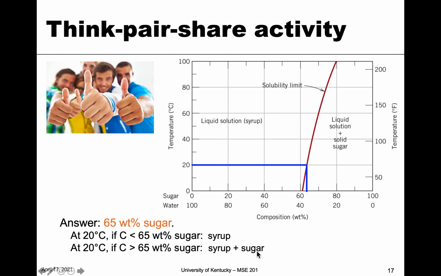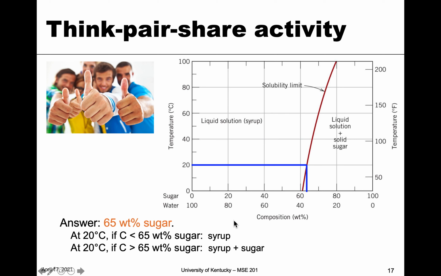And I do want to make the one caveat here because you might have had this happen. Again, keep in mind, this is an equilibrium diagram, so you wait long enough for these equilibrium phases to occur. If you dump a bunch of sugar in water, right, it's not going to instantaneously become a syrup.